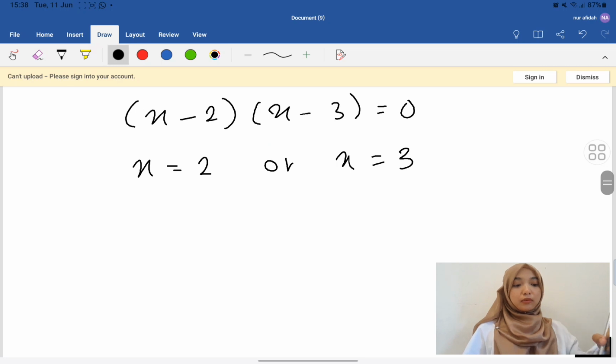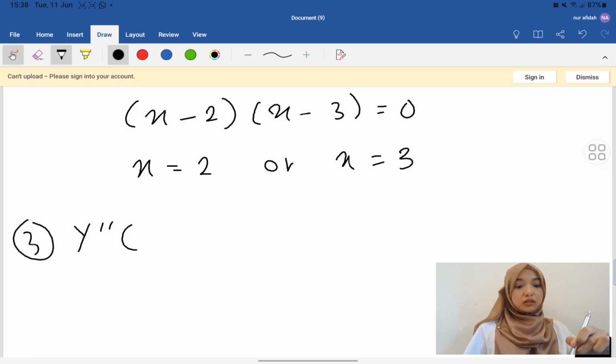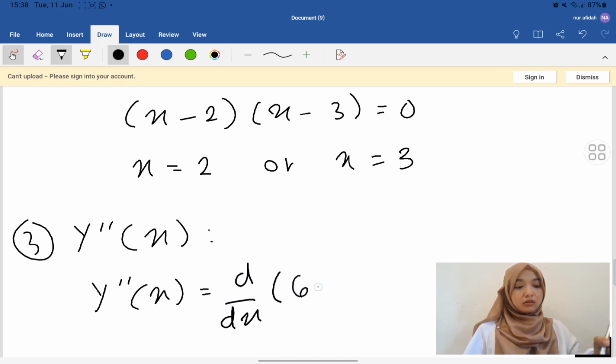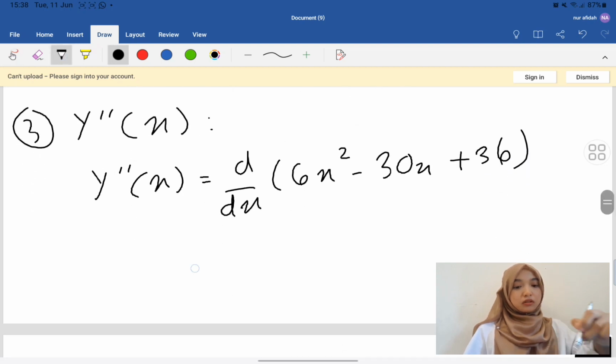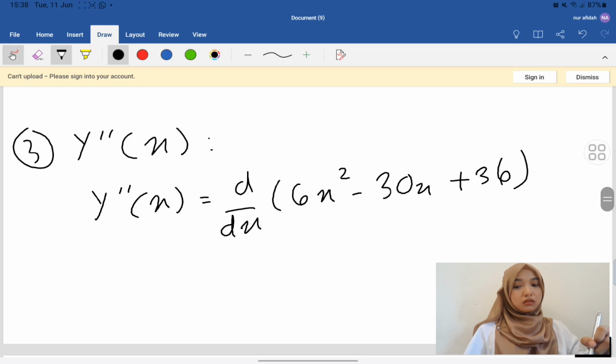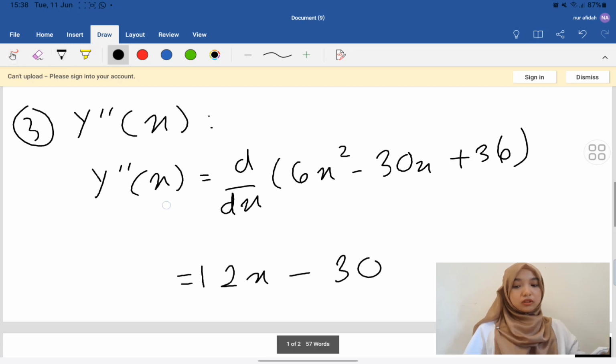The next step, we determine the second derivative, which we got as 36x minus 13... the second derivative is 12x minus 13.